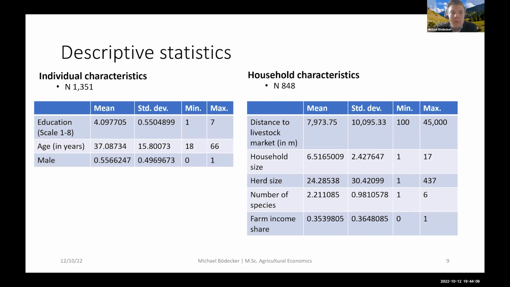More than half of the respondents were male, and the average distance to the livestock market was 8,000 meters roundabout. The household size was 6 or 7 members in the herd. The average herd size was also 24, and an individual has more than one species of livestock, so it was also quite diversified.